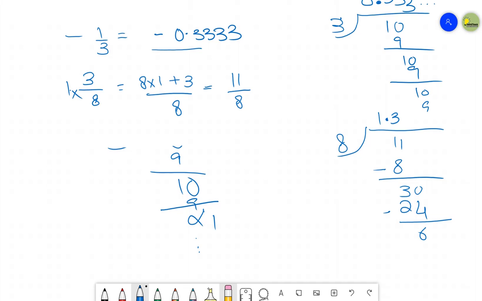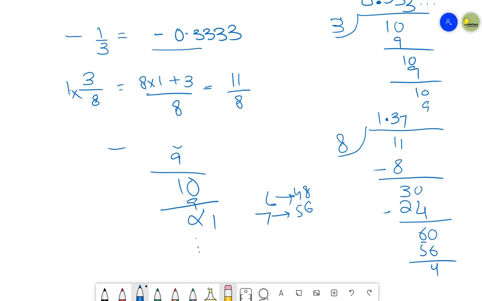Then we need to have 0 over here, right? So now 8 sixes are 48, 8 sevens are 56. Okay, 56.